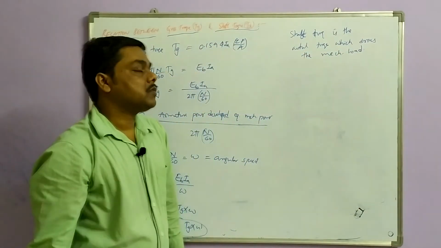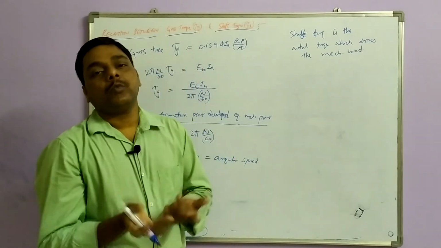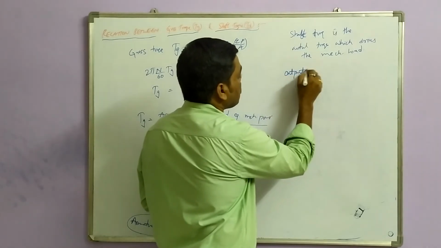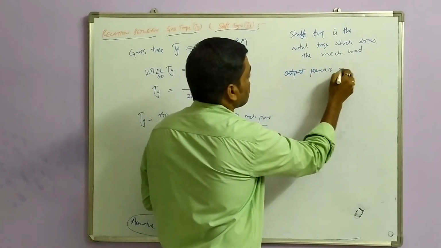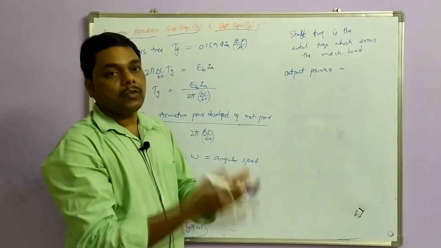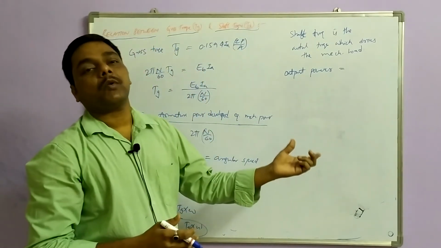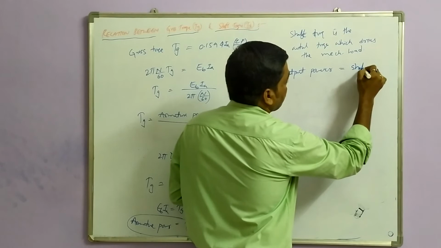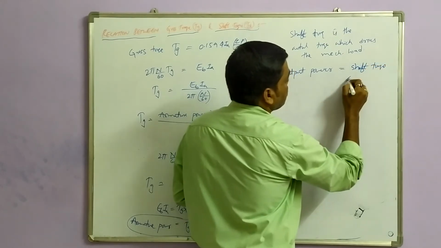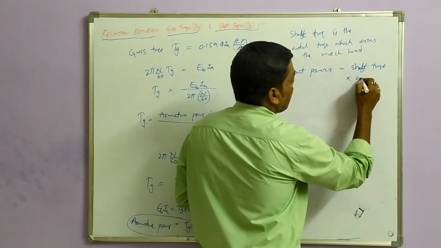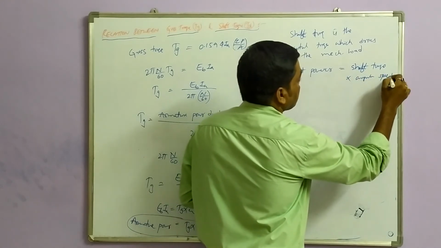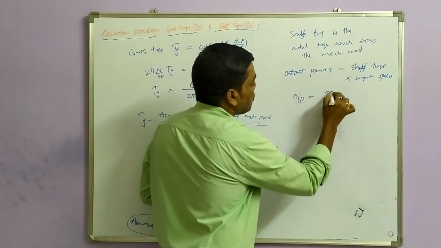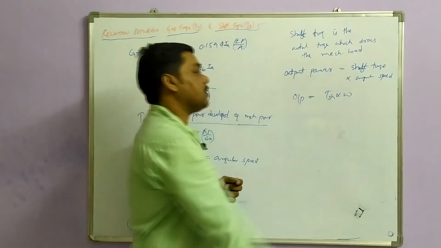Okay, so that's why it is related to the actual output power of the DC motor. Output power is equal to shaft torque multiplied by angular speed. Okay, now simply we can write output power is equal to shaft torque into omega.